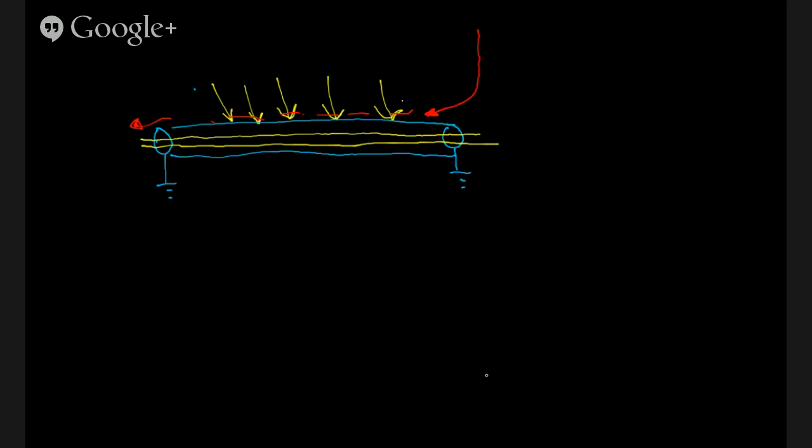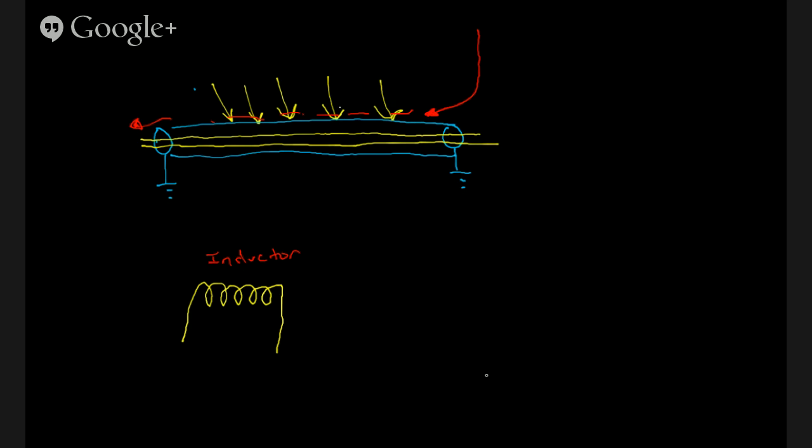To prevent that, if you're following my electronics class, we know that a coil, an inductor, blocks alternating current. It also blocks RF energy.